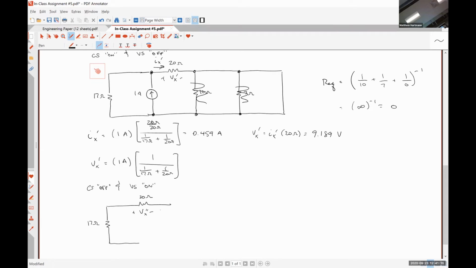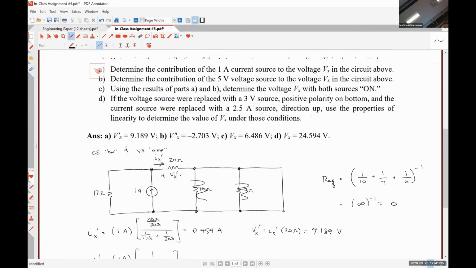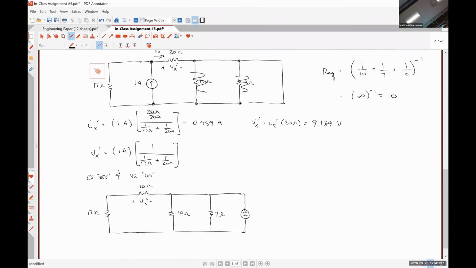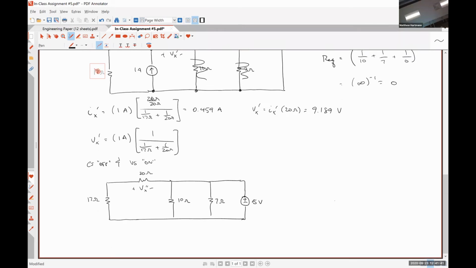I'm trying to find that Vx double prime. Here is our 10 ohm resistor. Here is our 7 ohm resistor. And then here is our voltage source, and it is a 5-volt source. So how can we solve for the quantity Vx double prime in this circuit?